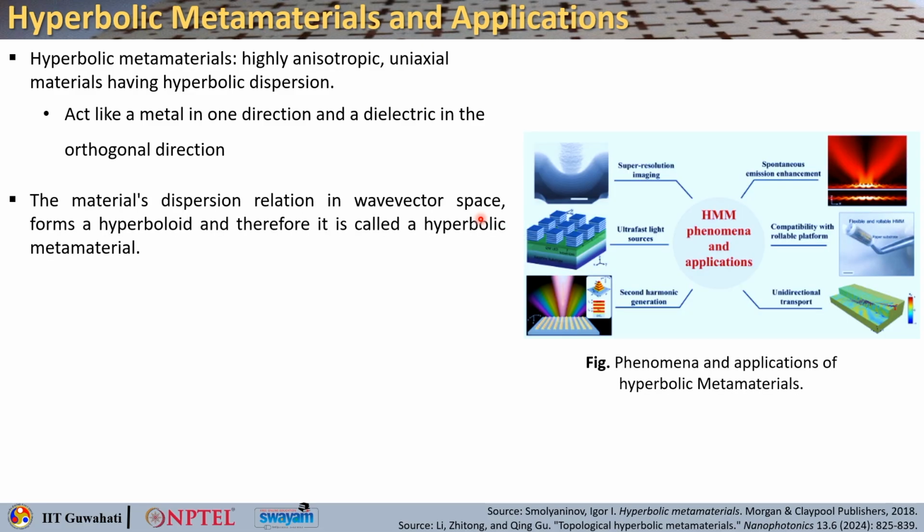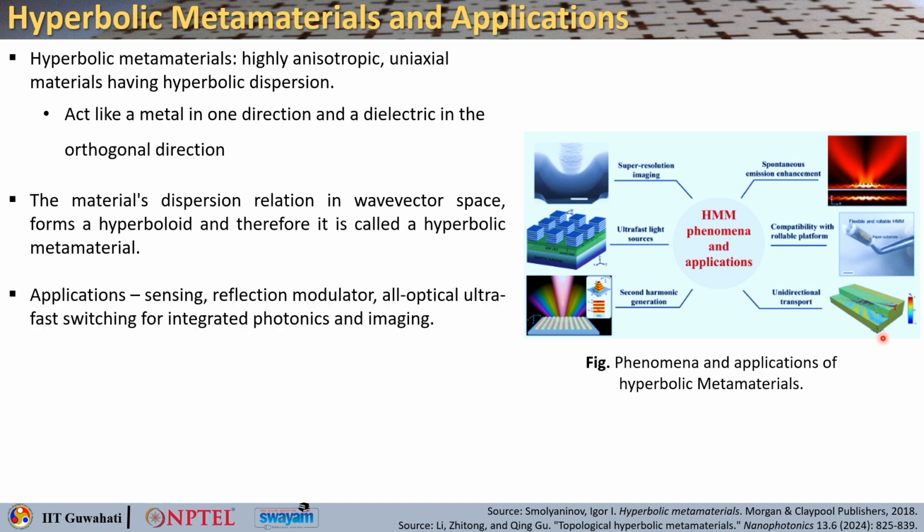give you extreme anisotropy. So here the figure highlights various phenomena and applications of hyperbolic metamaterials, something like super resolution imaging, ultra fast light sources, second harmonic generation, spontaneous emission enhancement, compatibility with rollable platforms, and also unidirectional transport, right.